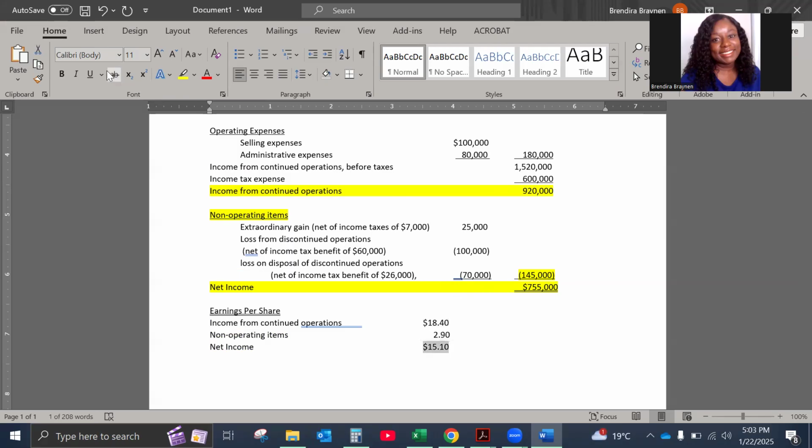I'm going to underline and double underline that because that's what we do. I'm going to underline this as well, just because it's what we did here. We have a number, this underline and double underline. So it should mimic what's happening here, just in a smaller format, dividing it by the number of shares outstanding.